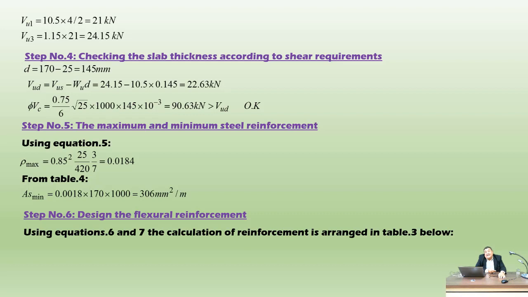The design shear strength phi VC equals 0.75/6 times square root of f'c times 1000, which is b, times 145, which is d, divided by 1000, equals 90.63 kilonewton, which is greater than VUD, okay.